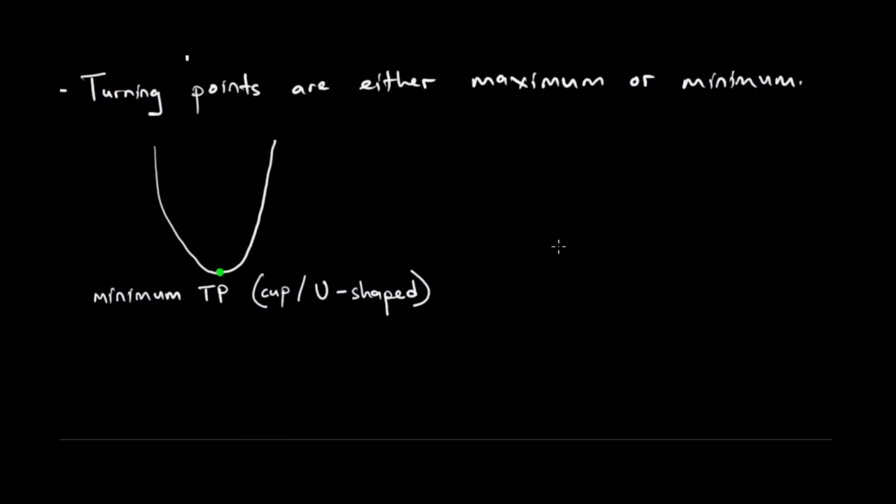If we contrast it with the maximum turning point, let us say we now have a curve like this. This now becomes a maximum turning point. Saka iyo inonzi a maximum turning point, TP, and that is what they call N-shaped.